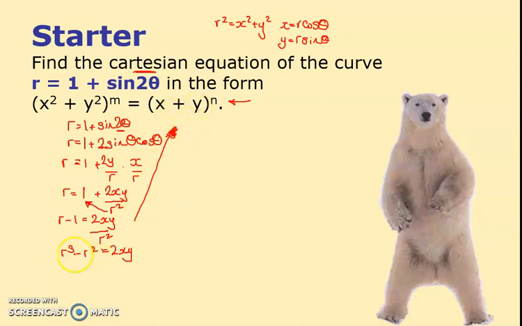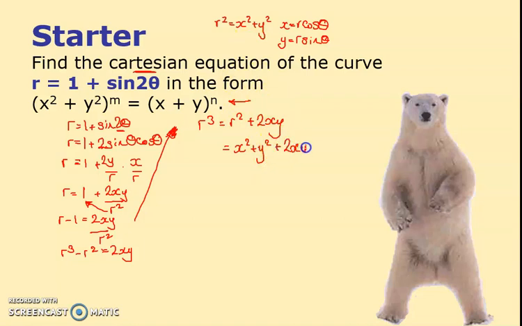Now, on the face of it, I would probably leave both r's there, apart from I've seen the answer, so I need to just have one of them. So I'm going to write r cubed equals r squared plus 2xy, and at this point I'm going to get rid of the r squared. On this side it's dead easy: x squared plus y squared is r squared, so I can just replace it, plus 2xy.